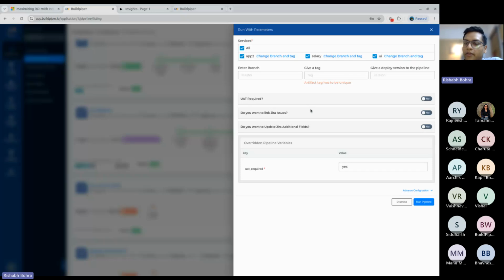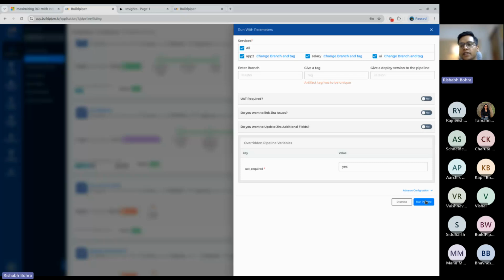There are a lot of advanced features as well, in which you can add additional fields and create automation around it. We can simply run the pipeline from the UI. We can also achieve GitOps via BuildPiper, because BuildPiper integrates first-hand with your version control system, with GitHub, GitLab, Bitbucket, etc.